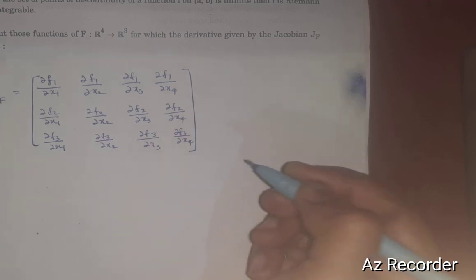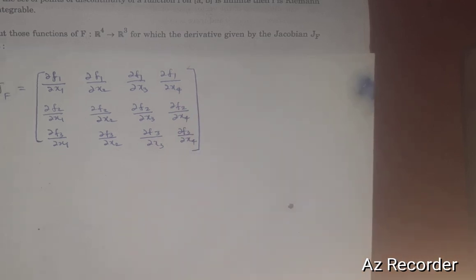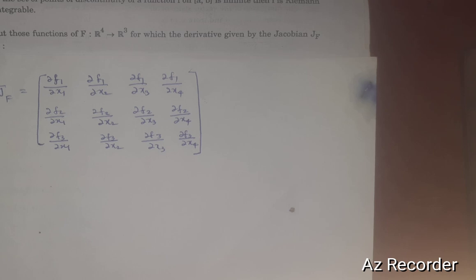So this is the Jacobian matrix. Now we will find them one by one.